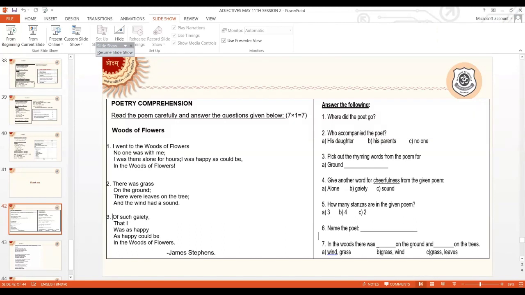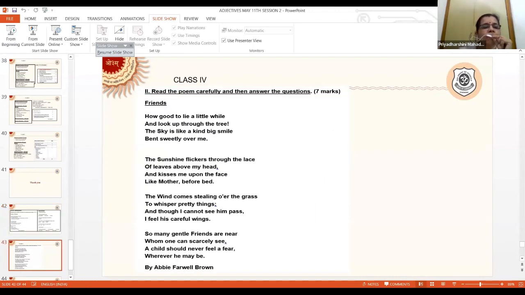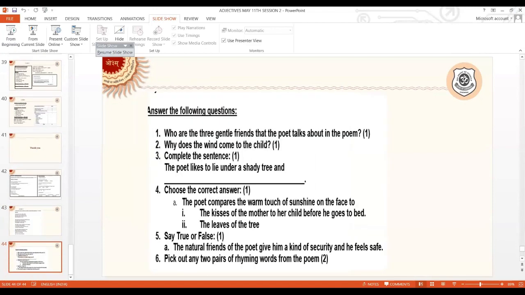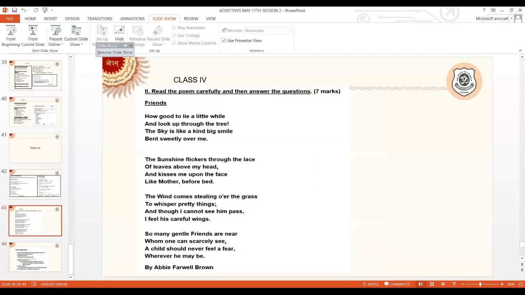So you can give them half a mark. We cannot penalize them fully, but you should tell them the child should write the answers on the blanks. That is very, very important. They should fill in the blanks, isn't it? So this is about poetry comprehension. This is for a class 4 poem. So class 4, one of you, can you read this poem for me?